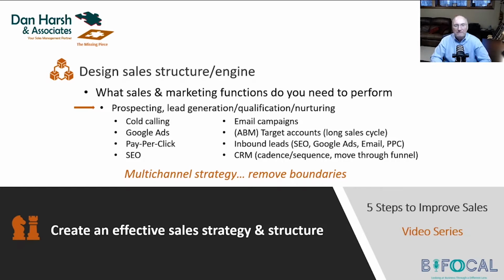You have to have some part of this engine that is continually finding new business, continually prospecting for new business. You need a lead generation function that is continually going on trying to find you new business from new customers. So in my opinion, that has to be a dedicated function within your sales group.